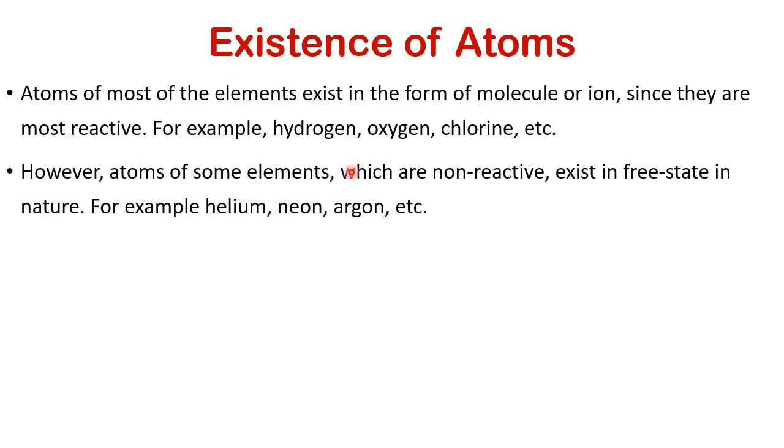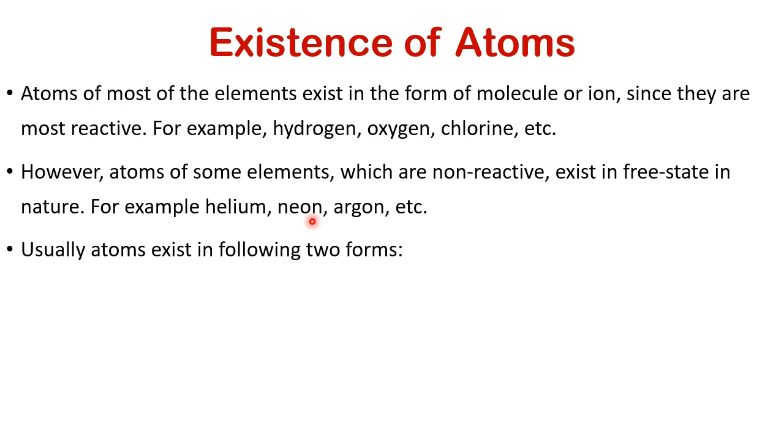However, atoms of some elements which are non-reactive exist in the free state. Examples are helium, neon, argon. They are not so reactive like the other elements. Because they are not reactive, they don't want to combine, so they stay in the free state. Only a few are in the free state; otherwise most of the atoms are in the combined state.